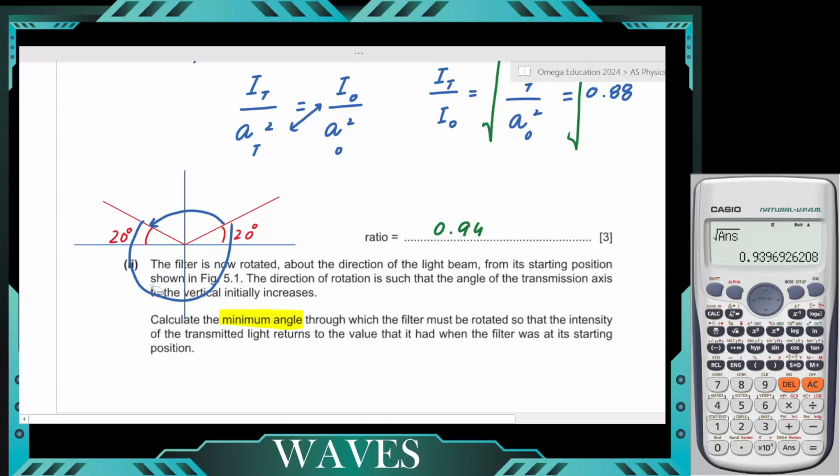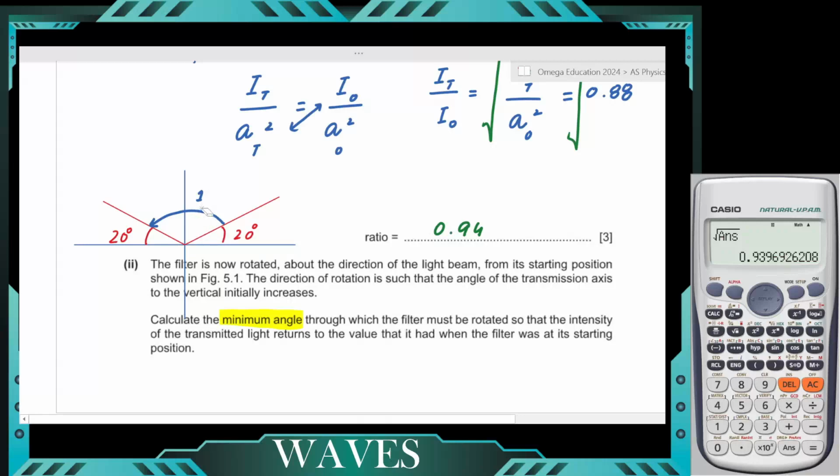But since we need to find the minimum angle, I'll follow the first option, because mathematically if I choose the lower path, let's call it path 2, then the angle would be greater compared to the first one. In order to find the minimum angle, choose the shorter path.